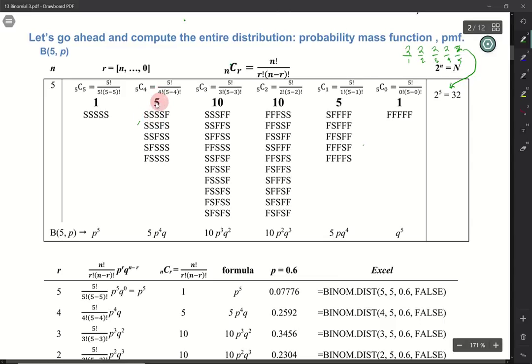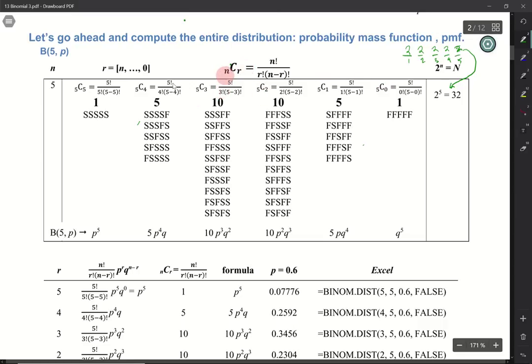The way that you read it is that the n in nCr is the total number of trials. So you see that in all of these coefficients here, this is C55, C54, C53, C52, C51, C50.